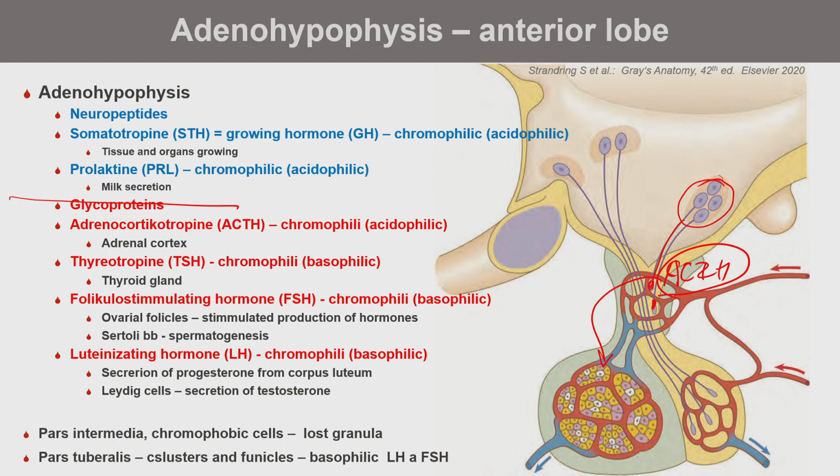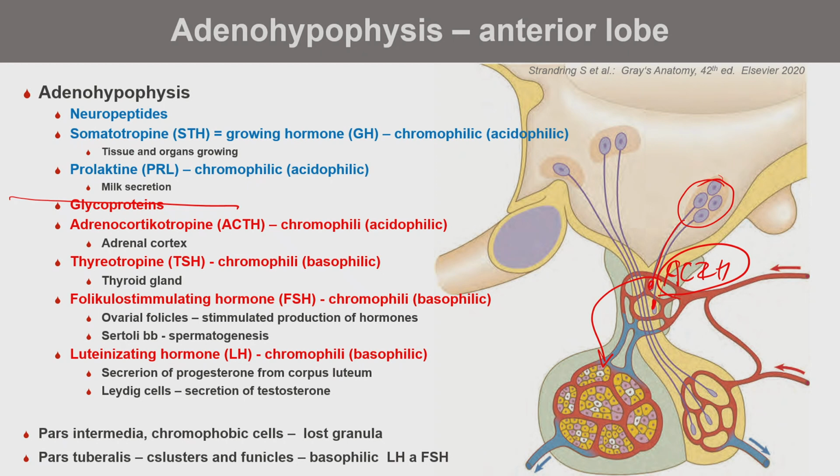Glycoproteins are stimulating hormones which are stimulating the other glands. Adrenocorticotropin or adrenocorticotropic hormone is stimulating the adrenal cortex. Thyrotropin, the thyroid gland.